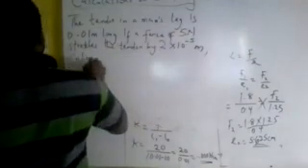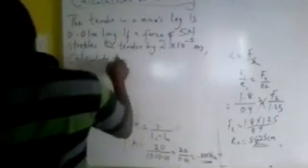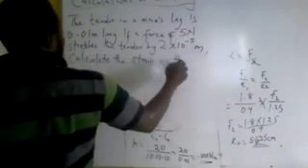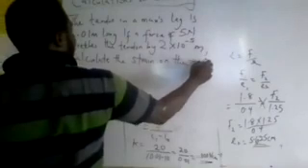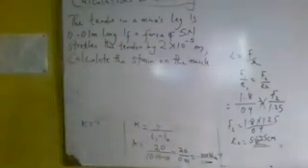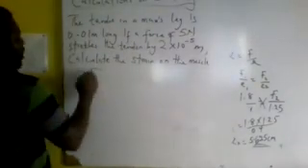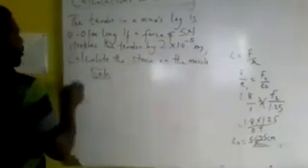Calculate the strain on the muscle. That is the question. So let's take a look at the question again. They said the tendon in a man's leg is 0.01 meters long. Now what do we have there? Solution.